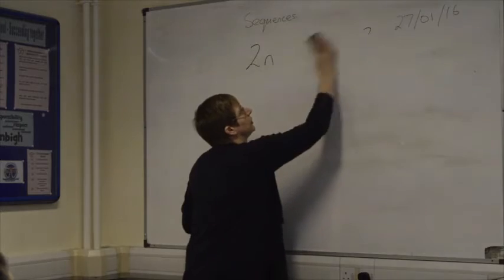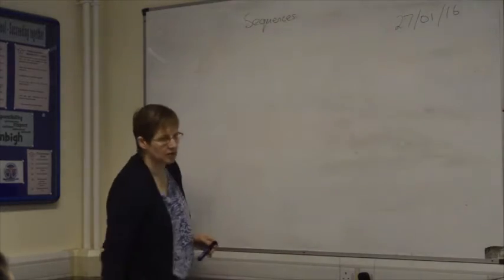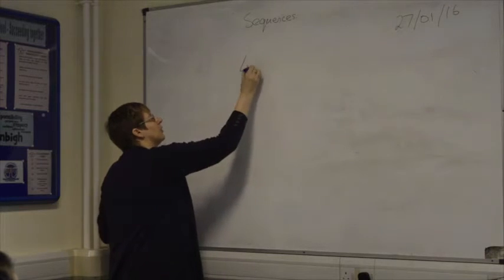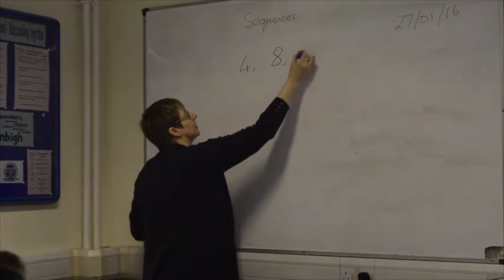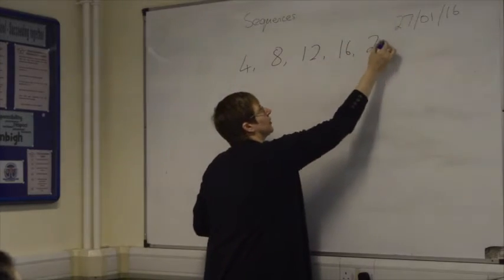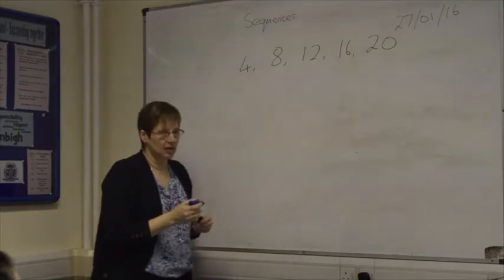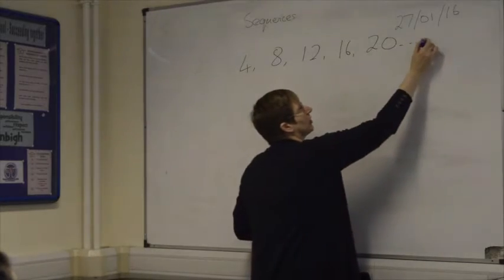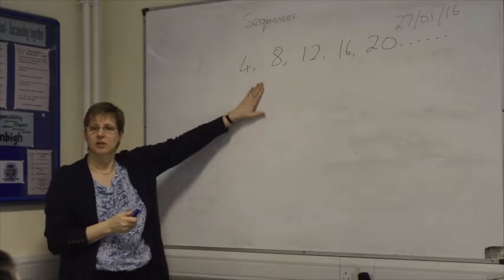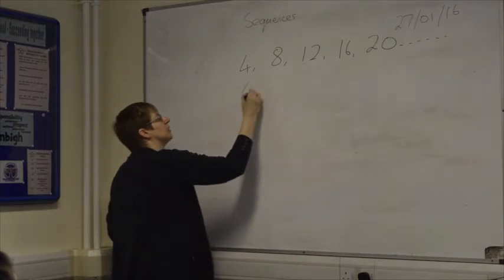Okay, so I'm going to give you another sequence on here. So let's say we have 4, 8, 12, 16, 20. And that could go on and on and on, couldn't it? So Fred, what have I written up here? The 4 times table. Good.